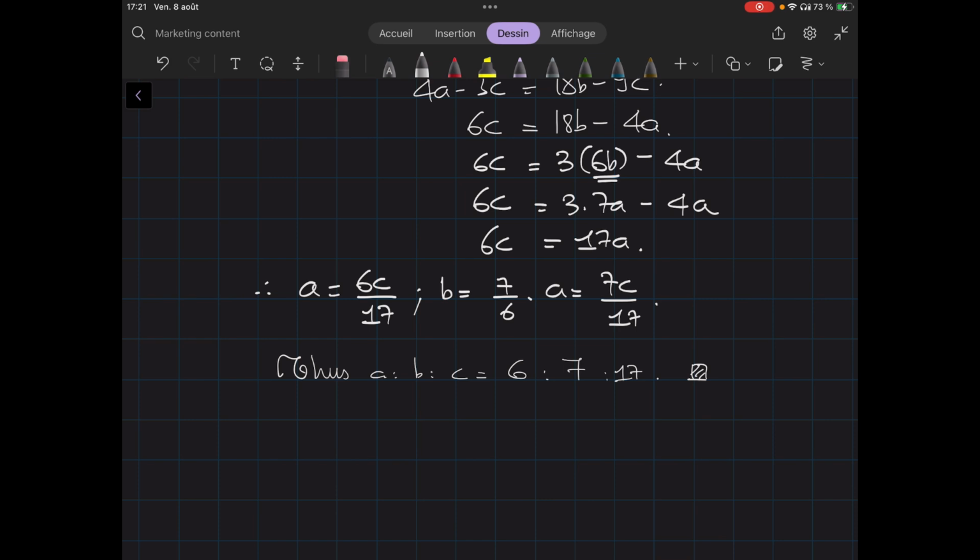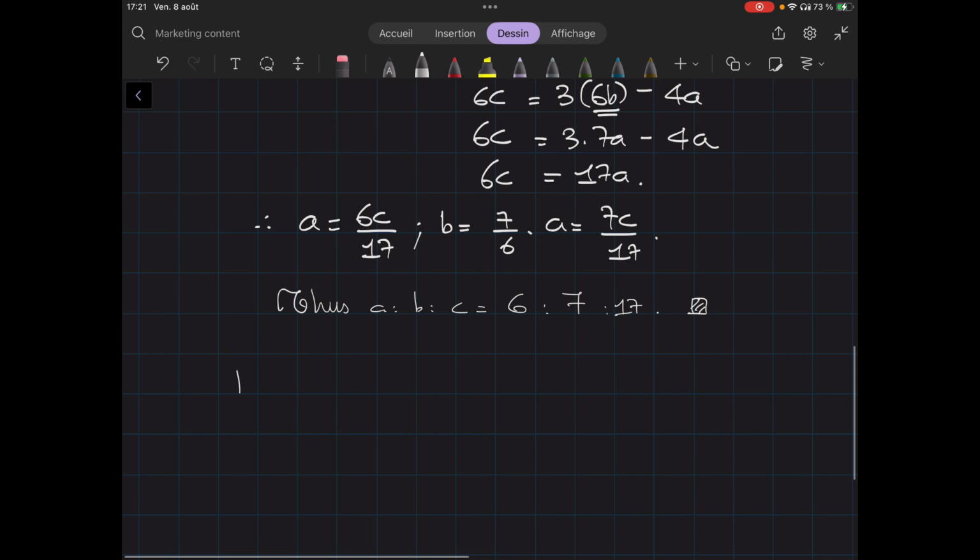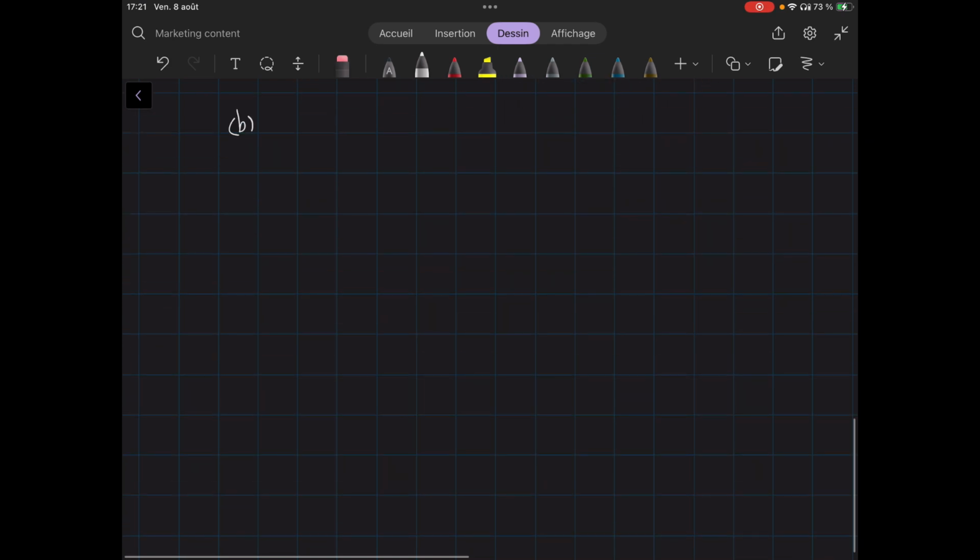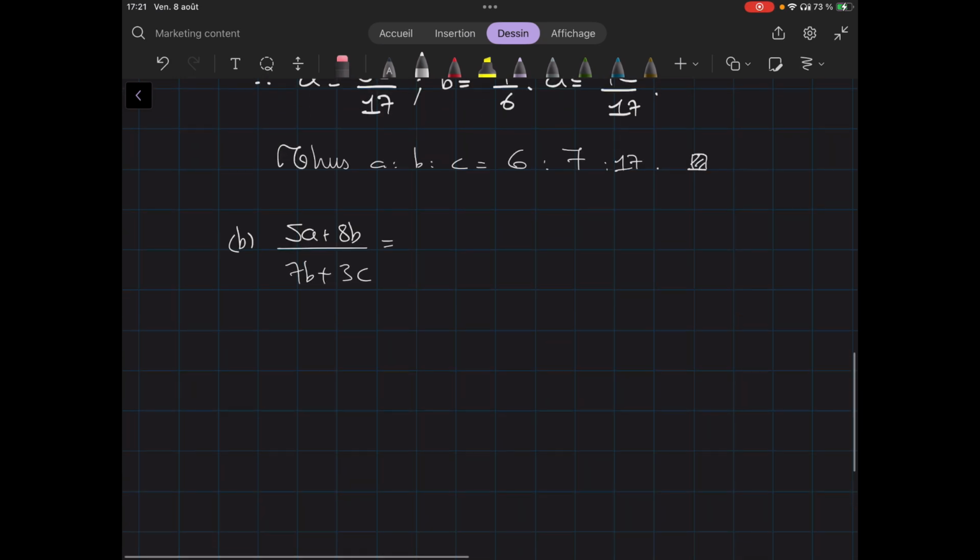Part B. You now want to find 5a plus 8b divided by 7b plus 3c. So 5a, let's say a is equal to 6. If a is equal to 6, then b is equal to 7.